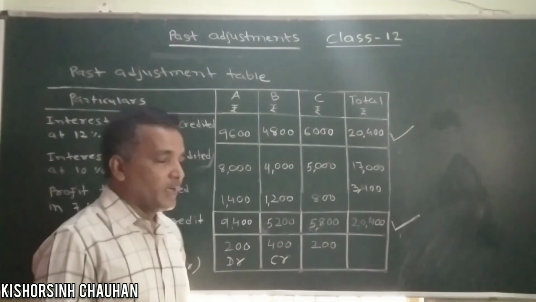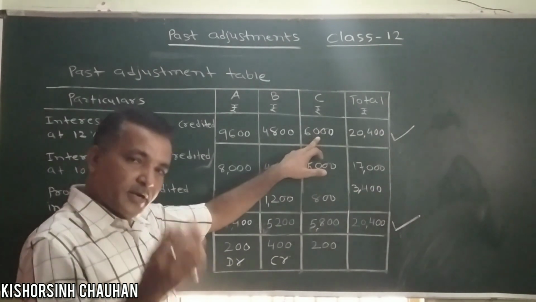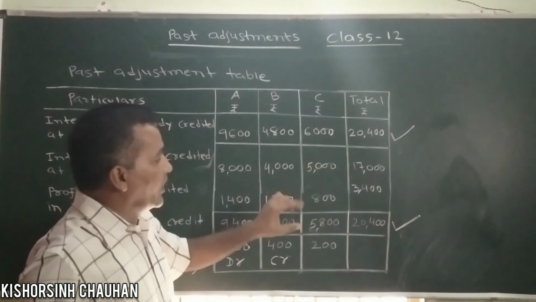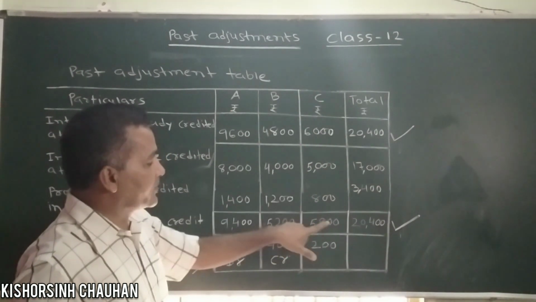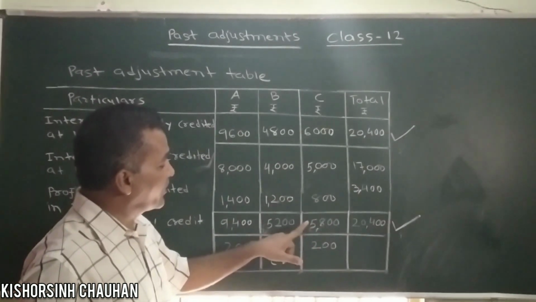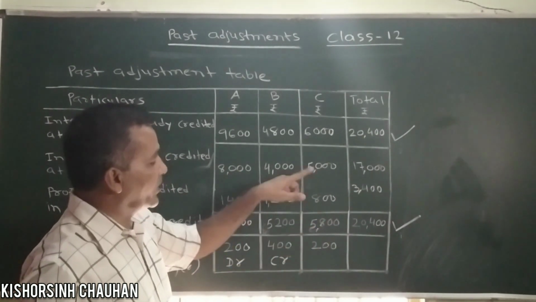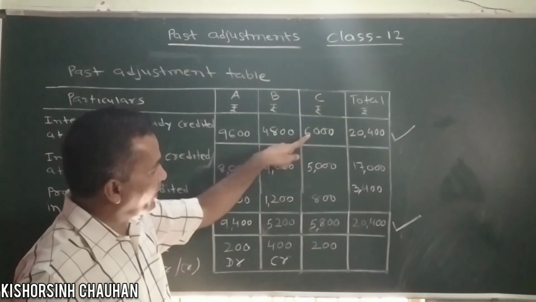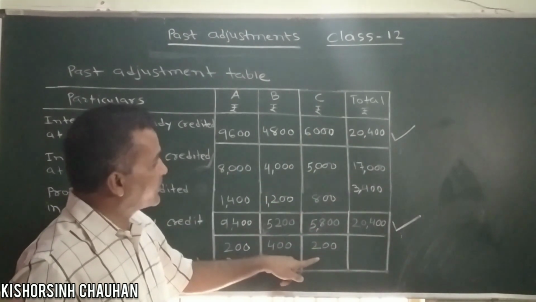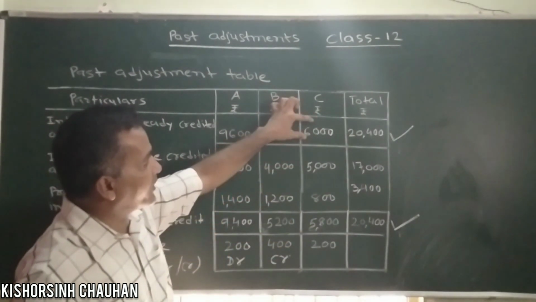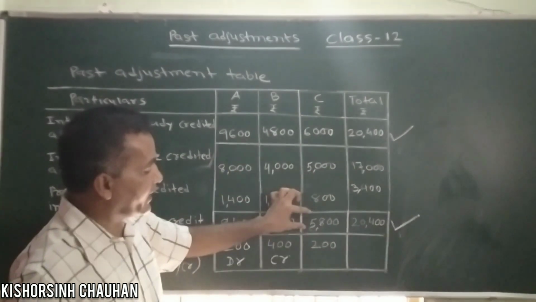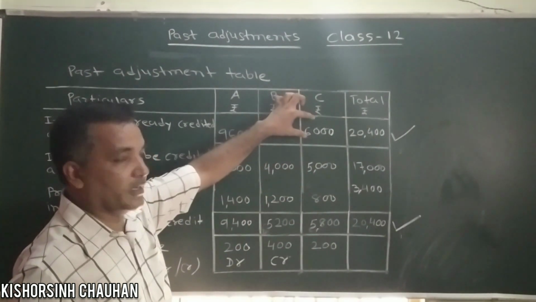Mr. C. In case of Mr. C, 6,000 is already credited, wrongly credited. Total of these two is 5,800. So actual credit should be given of 5,800. So here the difference of these two figures is 200. So here you can see more amount is credited. Actually it should be 5,800. But credited is 6,000.